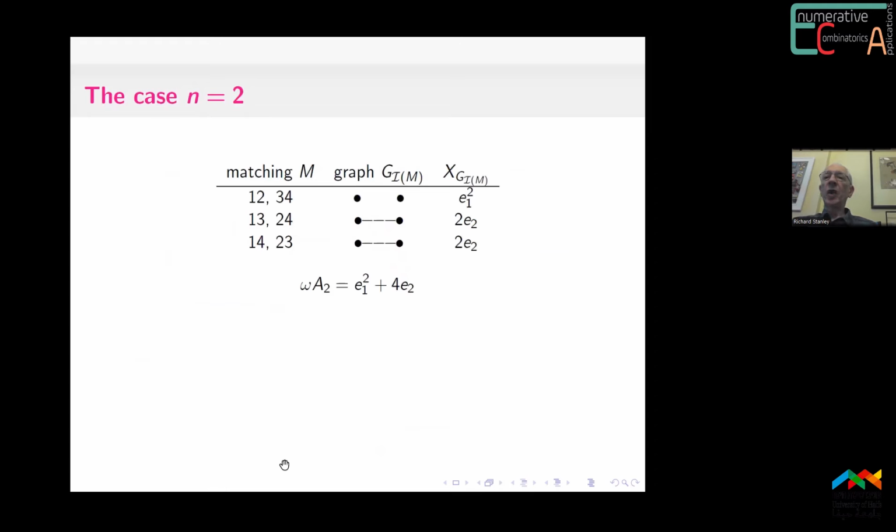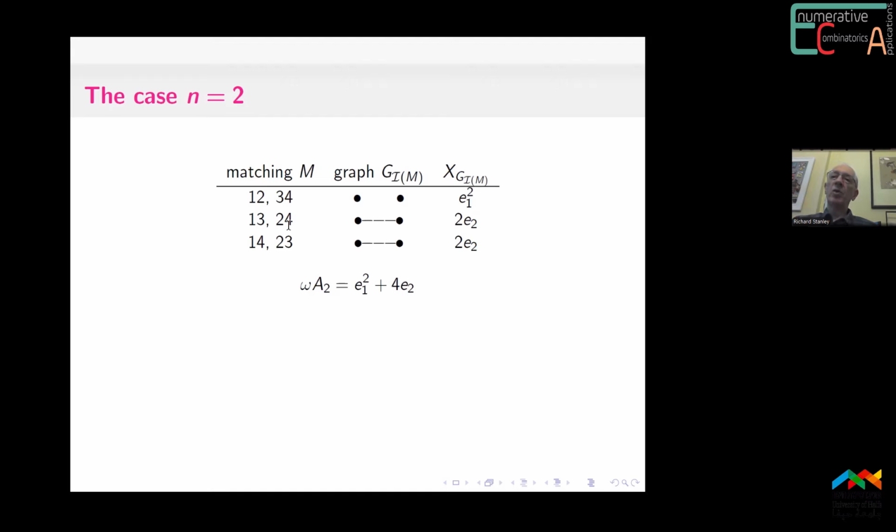Here's an example for n equals 2. Well, there are 3 matchings of 1 up to 4. Here they are on the left. Look at the corresponding graph, the incomparability graph of these intervals. Here, the intervals don't intersect, so the graph is just 2 disjoint points.